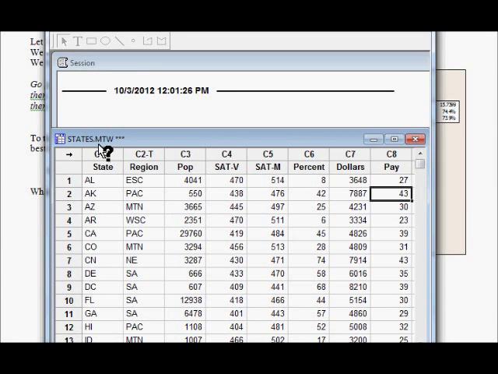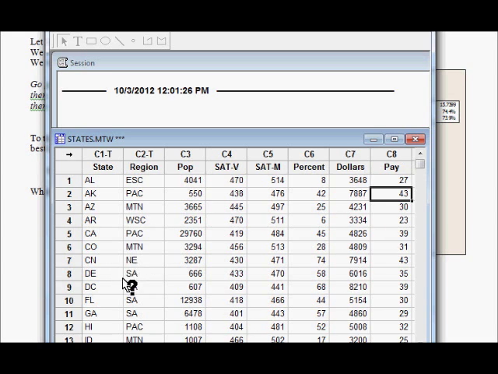Remember the states data, the first column was the postal code for the state, and actually here we had 51 because we had all the states plus DC, the District of Columbia. Then they're broken into regions of the country: East South Central, Pacific, Mountain, West South Central, and so on.